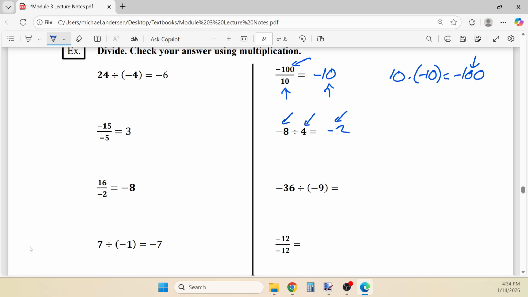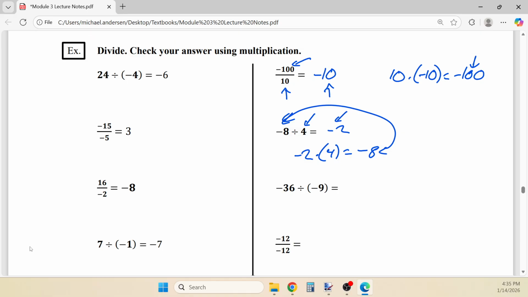I check this by doing negative 2 times 4, and I get negative 8, which is the number I was dividing. I guess it's the dividend. Gosh, the terms for these things are so long ago when I was taught them. I don't remember them anymore. I just kind of do it.